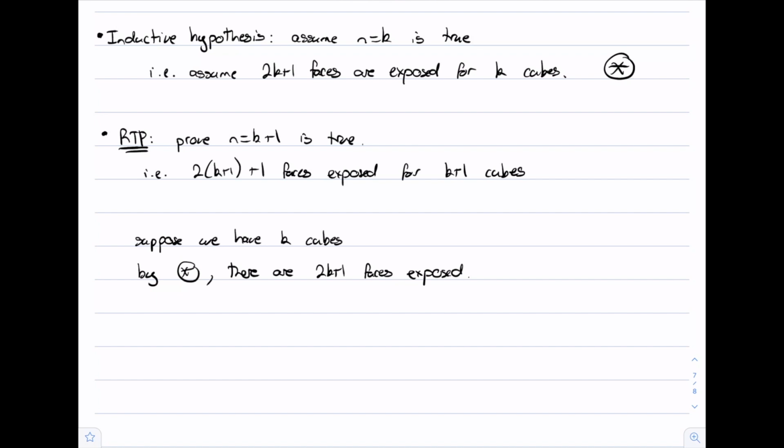Now this is part of our proof where we're using the assumption. And now we want to add another cube so that we have k plus 1 cubes. So now we add another cube, so that there are k plus 1 cubes. So now we're making it really obvious to both ourselves and the marker that we do have k plus 1 cubes. Okay, what happens when we do that?